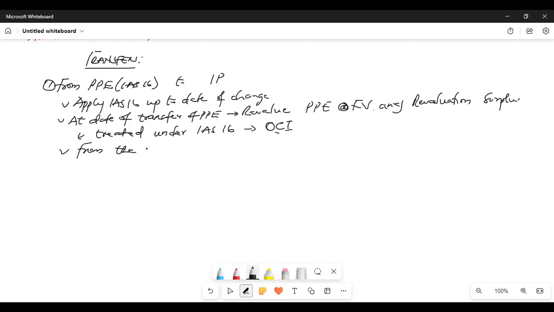We call the transfer date a revaluation date. OCI means other comprehensive income. So from the revaluation date, you now apply IAS 40.